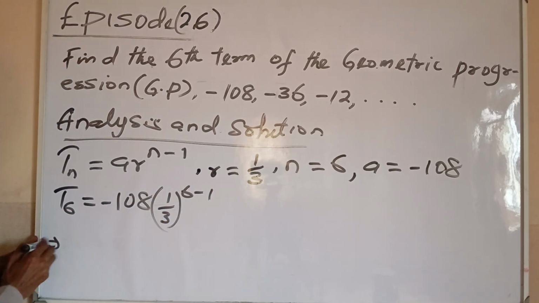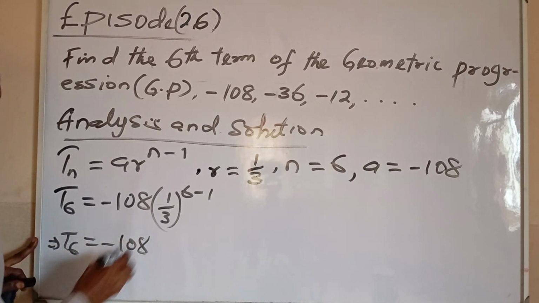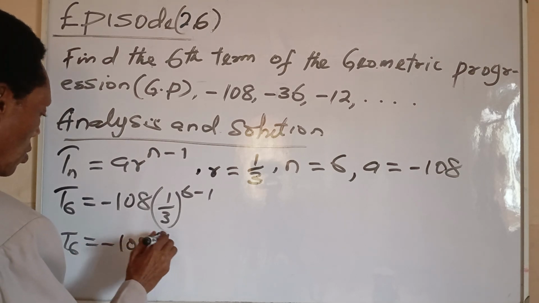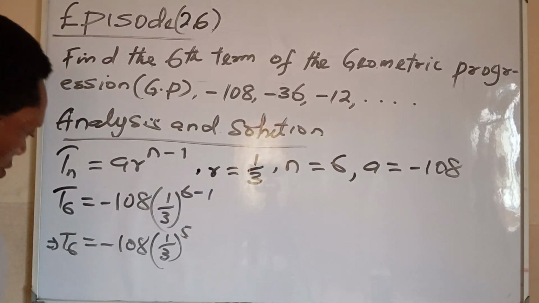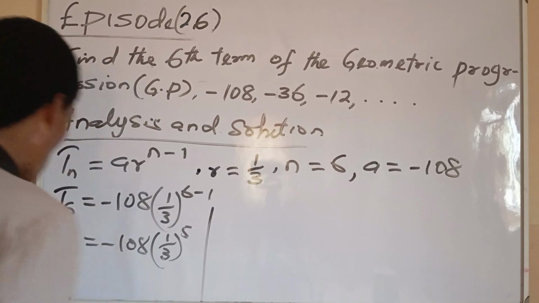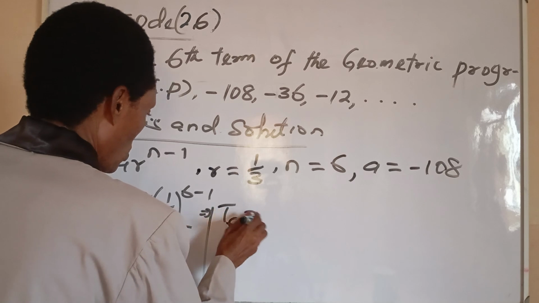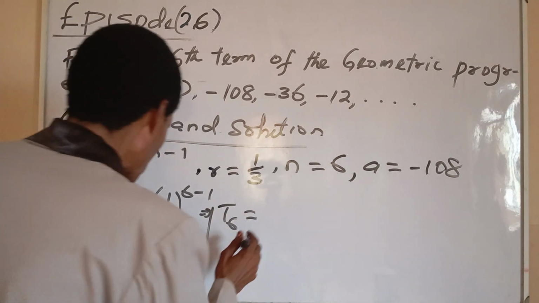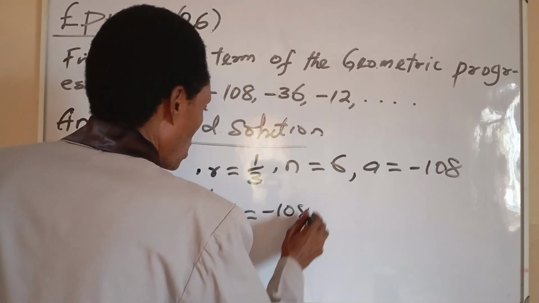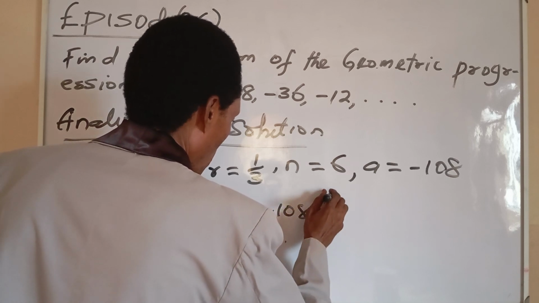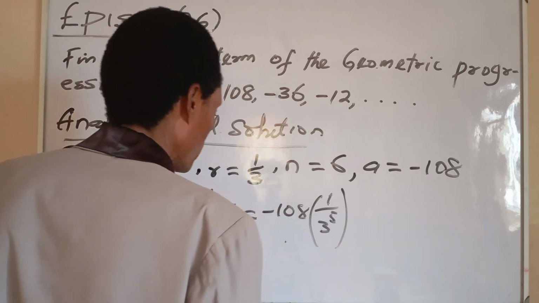This implies the 6th term equals minus 108 times 1 over 3 raised to the power of 5, because 6 minus 1 will give you 5.